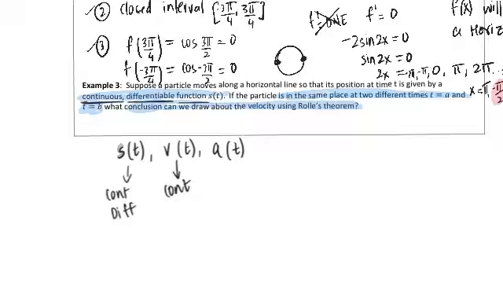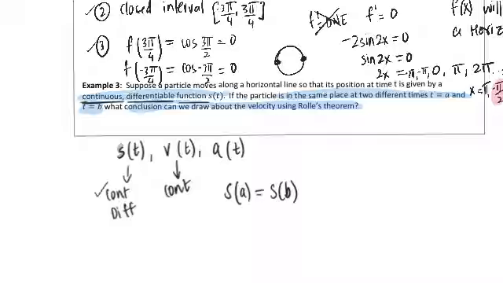We are already satisfying some of the hypotheses of Rolle's theorem. The next part of the question says the particle is in the same place at two different times, A and B, right? So that means we have some stretch of time where S of A is equal to S of B. And basically those are now the three conditions for Rolle's theorem, right?